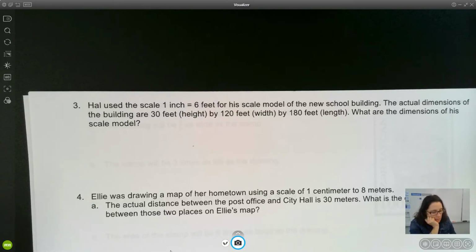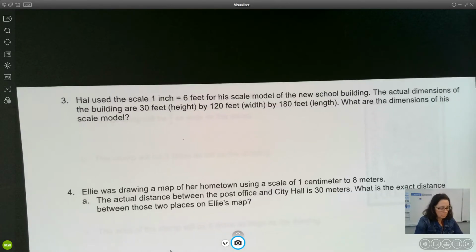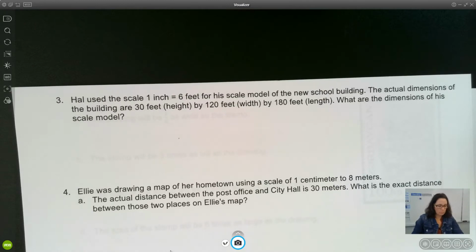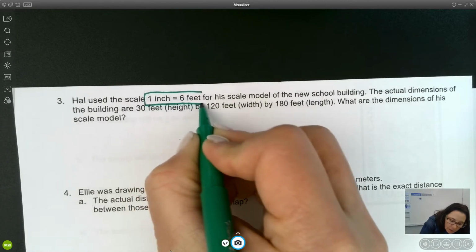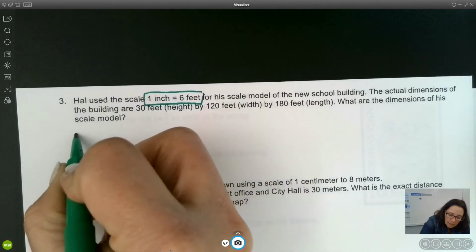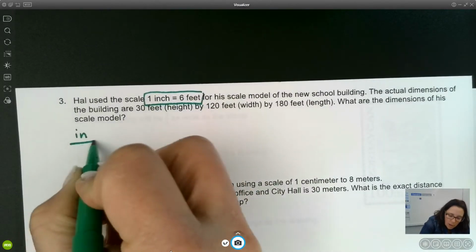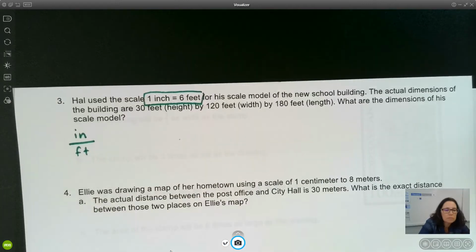All right, so here's the scoop here. So we're going to use this 1 inch. This is key right here. Okay, so we're going to have the scale model over actual.